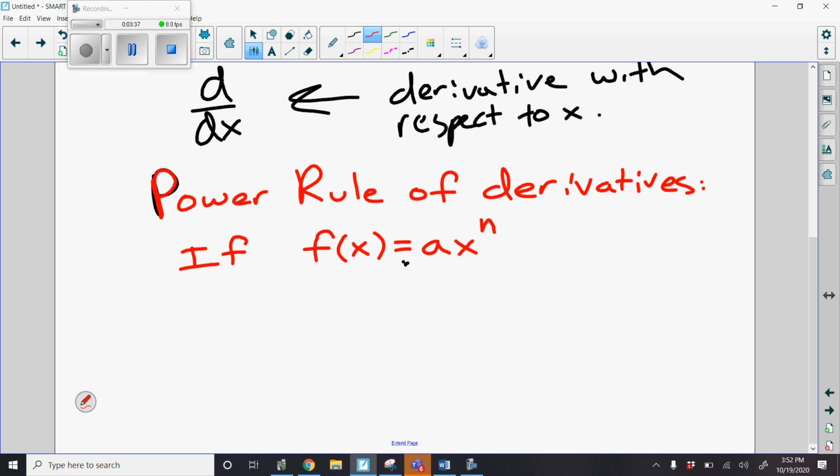A and n can be really any number, and this is going to work. So if f of x equals ax to the n power, if you remember, when we had x squared, we ended up with 2x. When we had 3x squared, we ended up with 6x. When we had negative 4x squared, we ended up with negative 8x. Here's what we get.